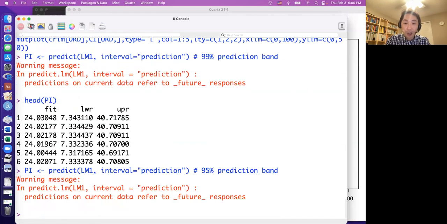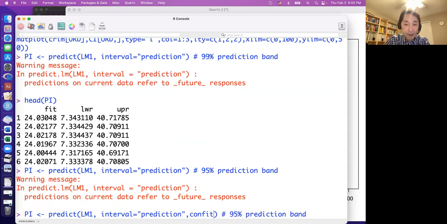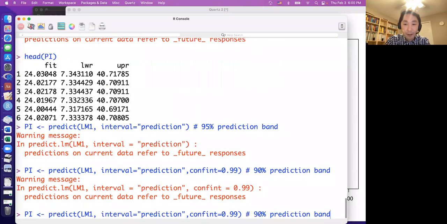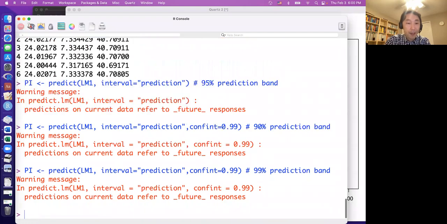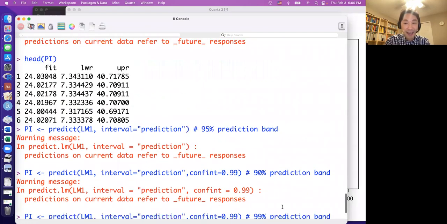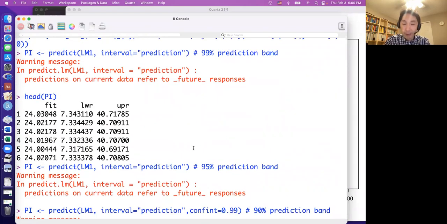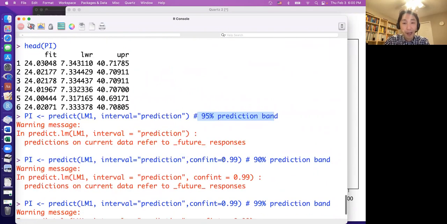And if you want to change it to 99%, then we have to specify conf int is equal to 0.99. Sorry, I was wrong there. Without specifying anything, 95% is the default, and for 99% we have to change it.